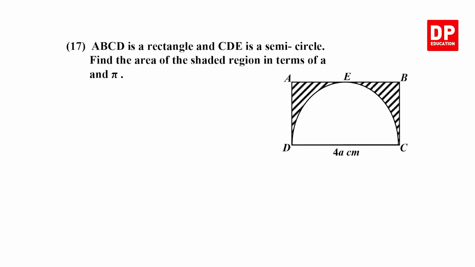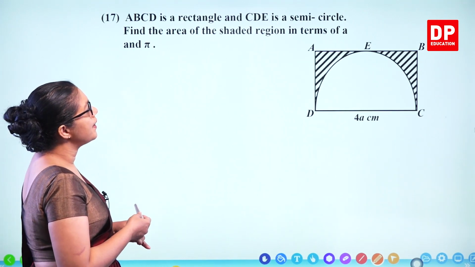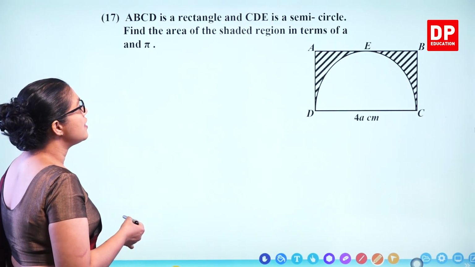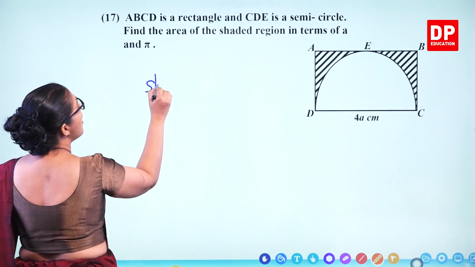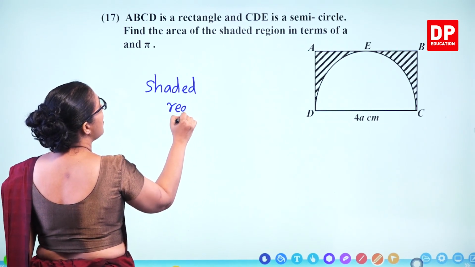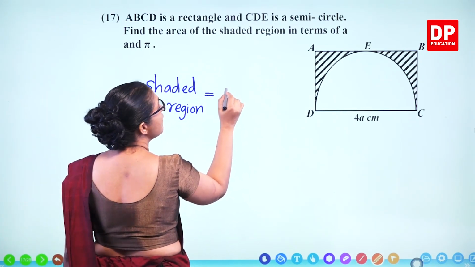Question number 17. ABCD is a rectangle. CDE is a semicircle. Find the area of the shaded region in terms of a and pi. So the length is given as 4a. So what's the shaded region? Area of the rectangle minus the area of the semicircle.